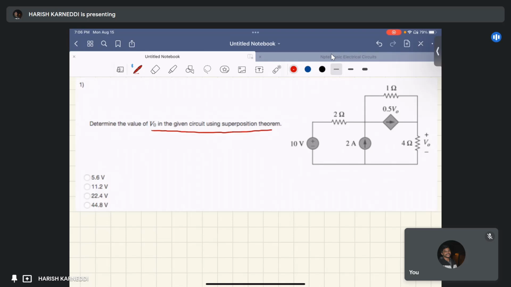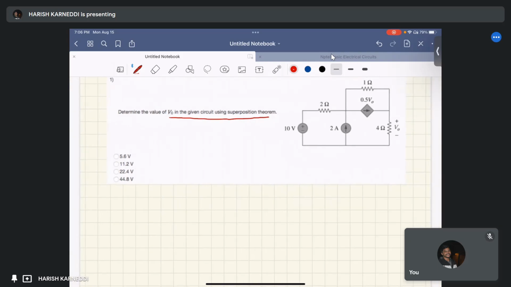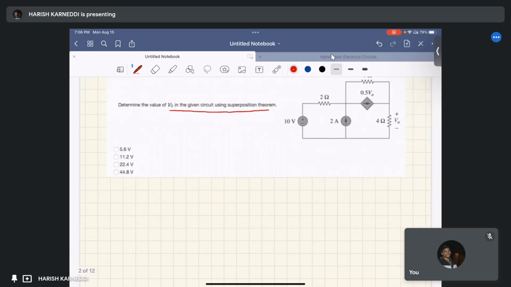The superposition theorem states that the response across any element is equal to the sum of the individual responses when each source is acting alone. This circuit has two sources, right? For the superposition theorem we consider only independent sources, that is the 10 volt source and the 2 ampere source.